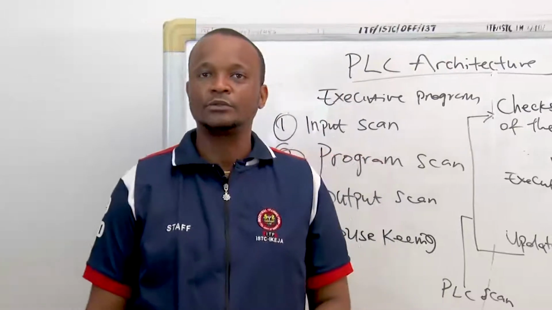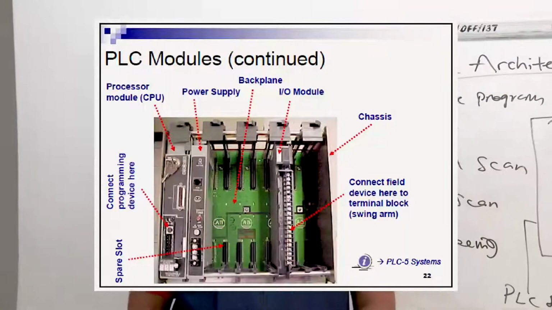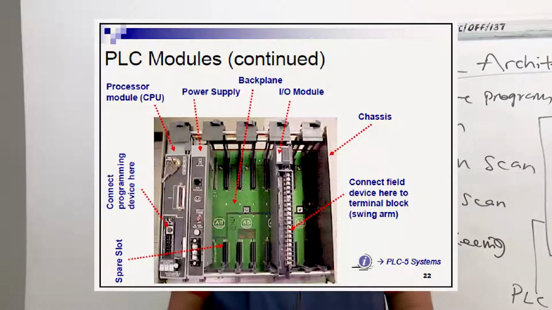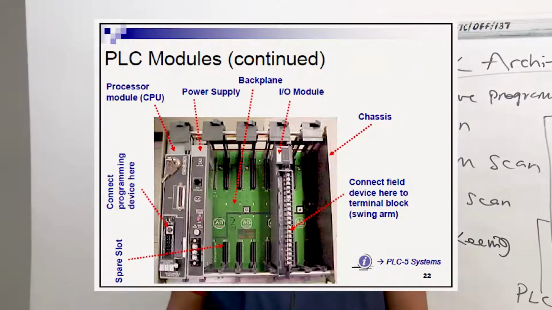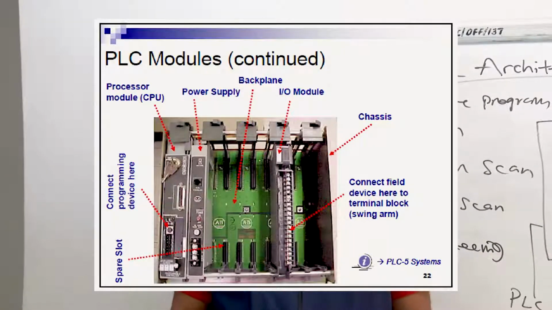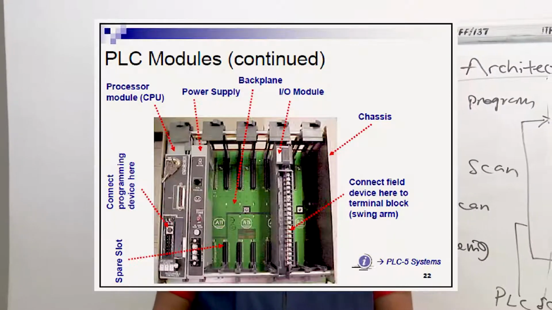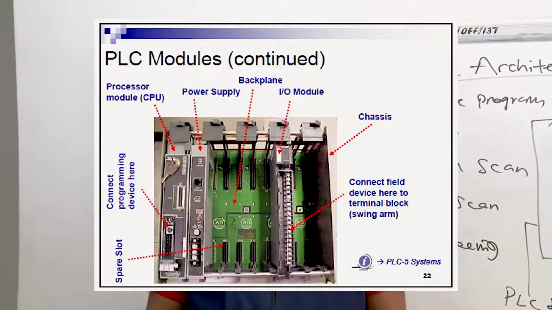Now, I also would like you to look at the internal structure of the PLC as shown on your screen. This is the PLC 5 system. The PLC 5 system is similar to that of the SLC 5, the Allen Bradley PLC, which I just showed you. Besides the power supply, you can see the CPU on the left.